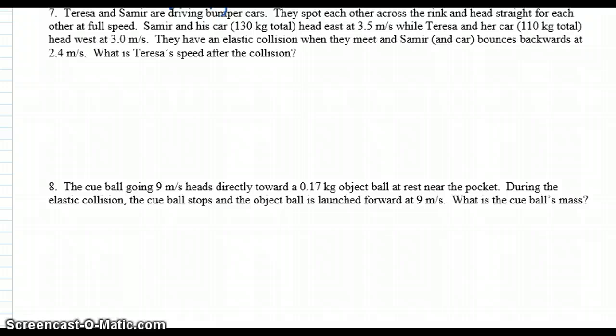In this last problem, we have Teresa and Samir with their bumper cars, and here it's really important to get your positives and negatives correct because they're heading in opposite directions. So we've got P1 plus P2 equals P1 final plus P2 final, and in this case P1 is, let's do Samir, at 130 kilograms.